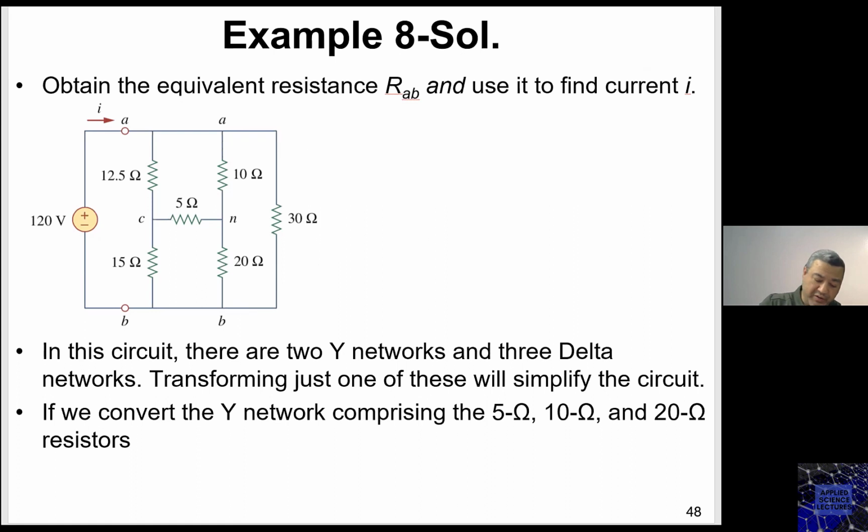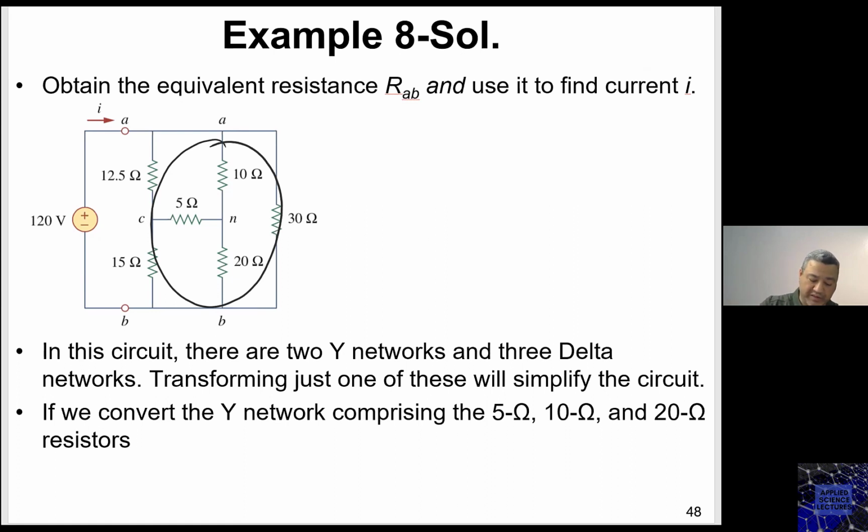Now here, when I took this circuit that's in the center of my whole circuit and converted it to delta, I managed to simplify it because it simplified both sides of the circuit.